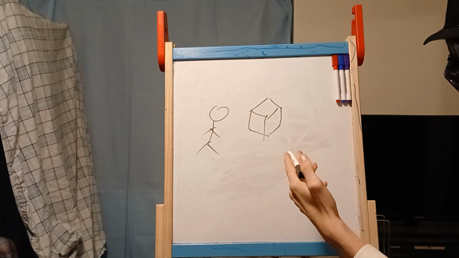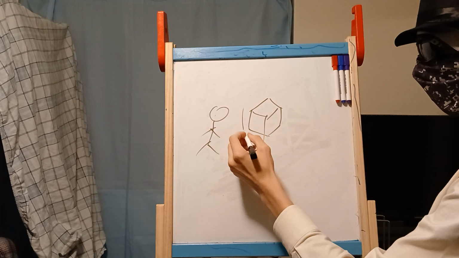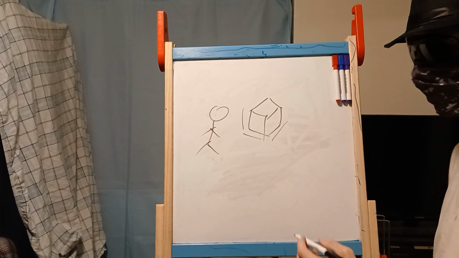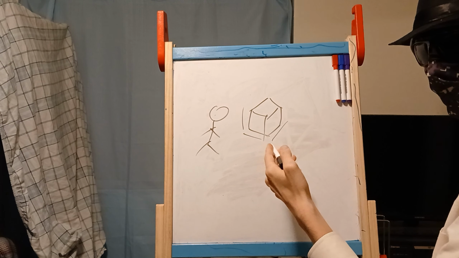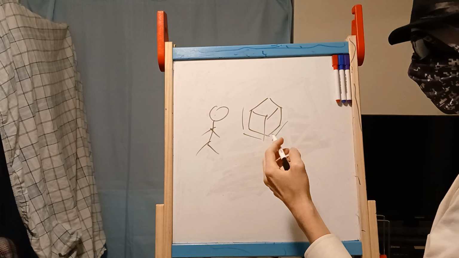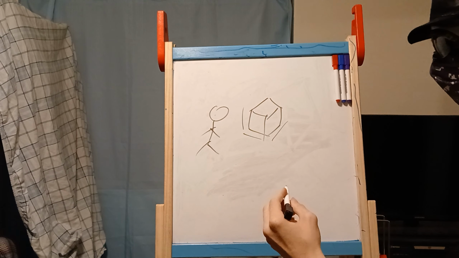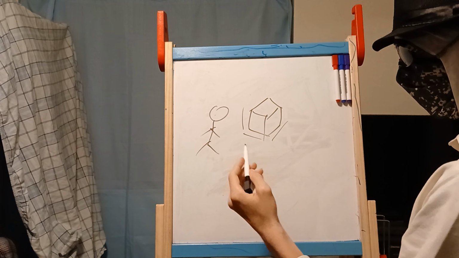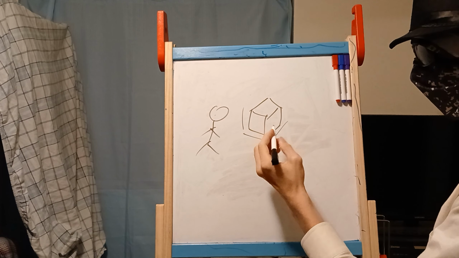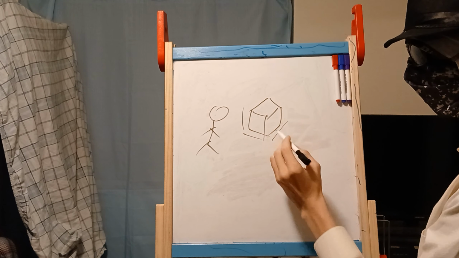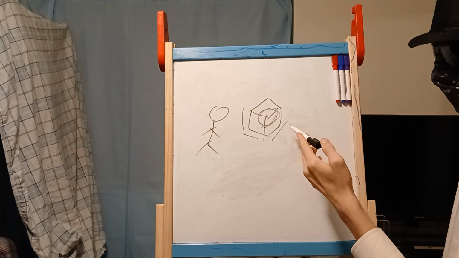We explain that it has height, width, and depth. But in his world, it's completely flat. You can't perceive that it extrudes outward. All he sees is the outside of a hexagon, because you can't see past these lines, so he doesn't know that these inner lines here are even there.